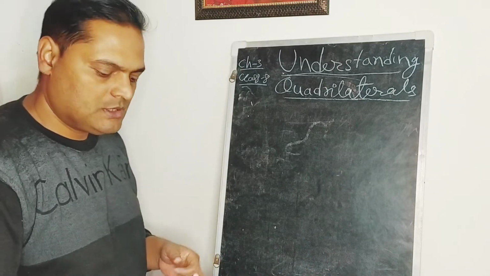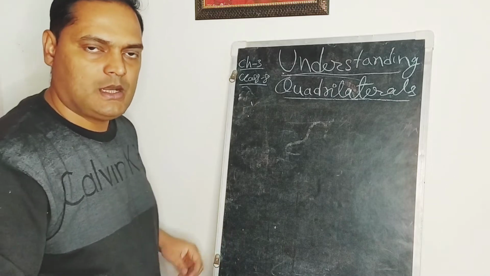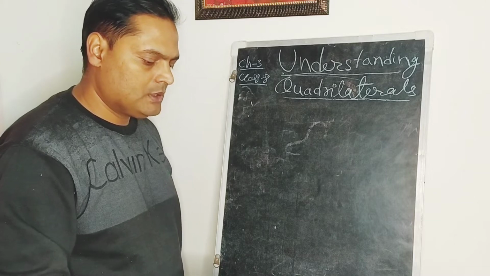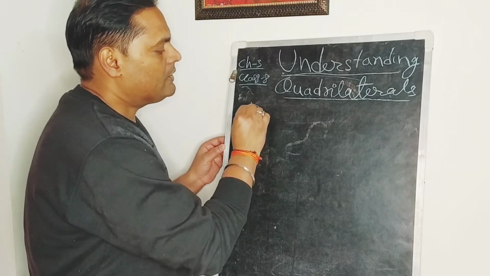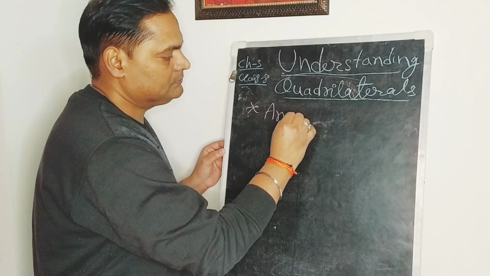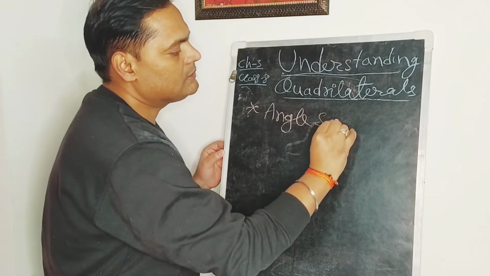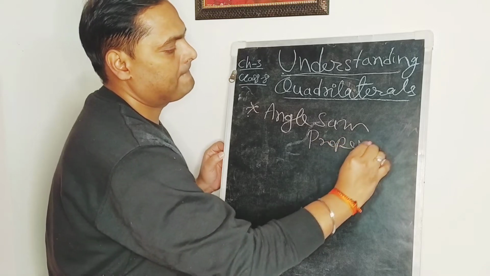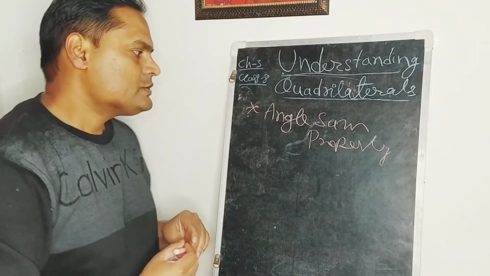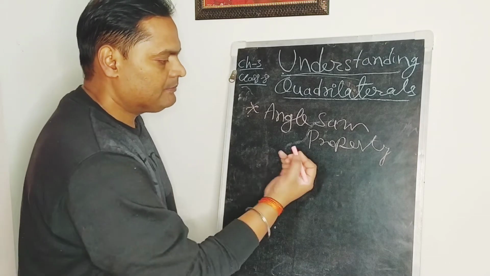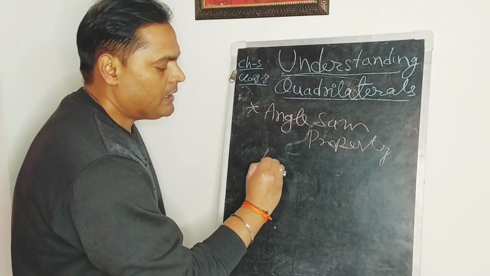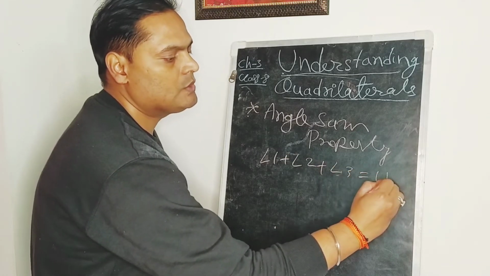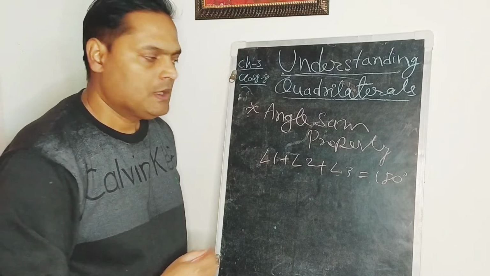It's very interesting and very important for resolving equations based on the angle sum property. So our next topic is angle sum property. Any triangle having angle 1 plus angle 2 plus angle 3 equals 180 degrees.